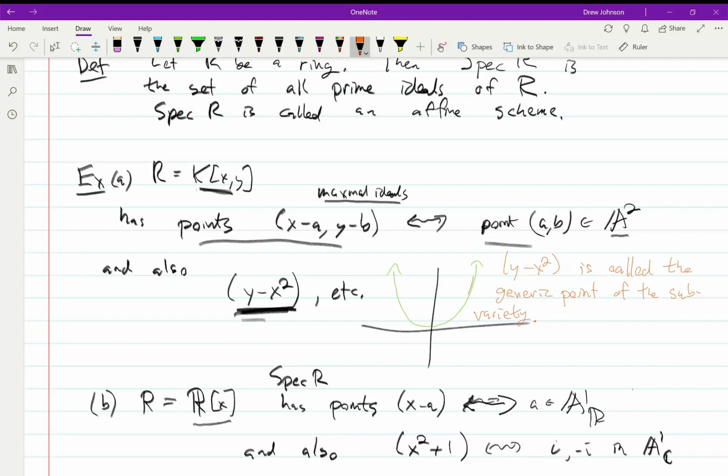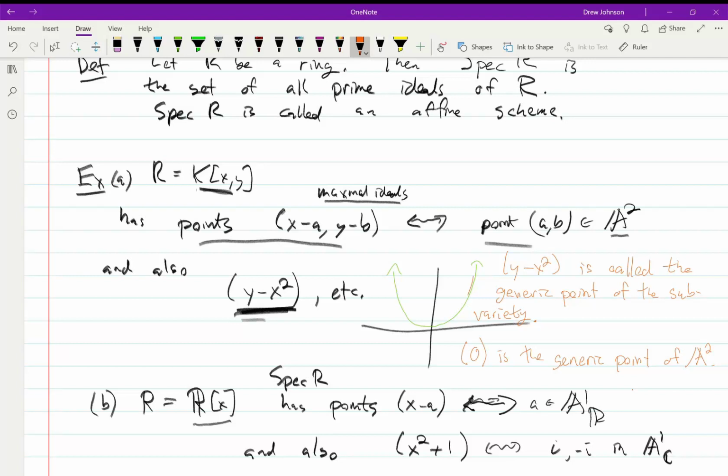And of course, we can take that even farther. 0 is, in this case, the generic point of A2. If your space is irreducible, then the 0 ideal will be prime, right? And so this is a single point whose closure is the whole space. So that's the generic point of the whole space.